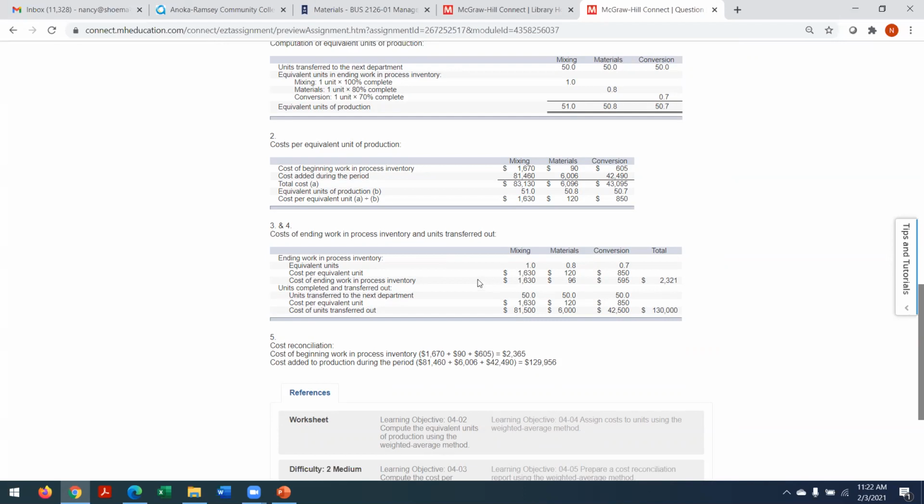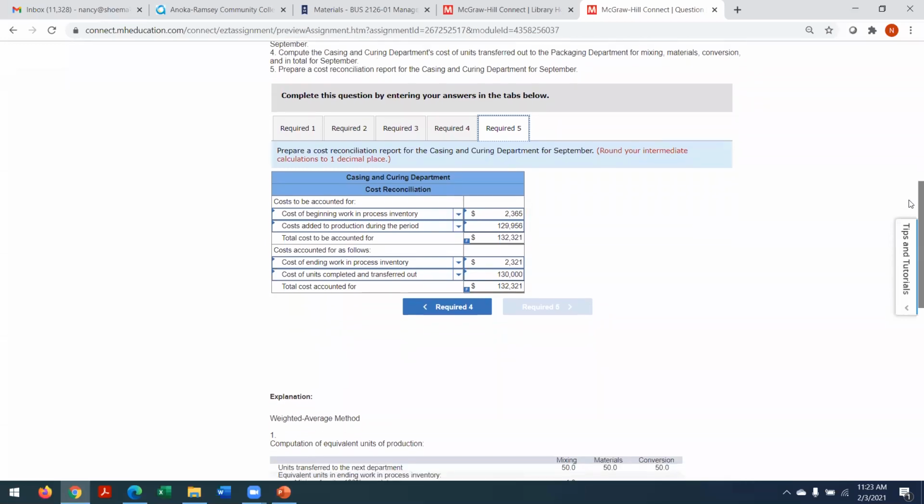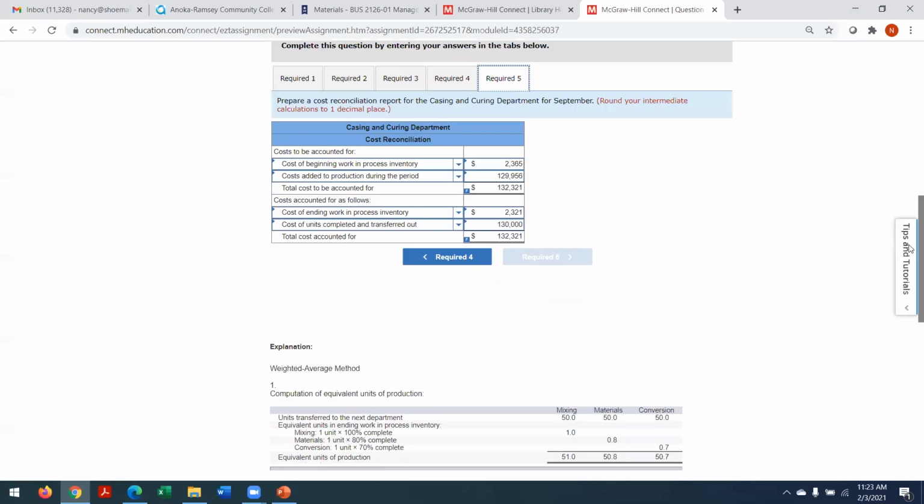Okay, last: prepare a cost reconciliation report. So we basically show the costs in beginning inventory, the cost added to production, showing the total cost to be accounted for.